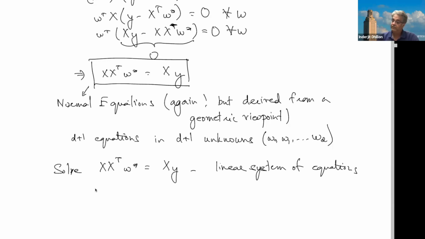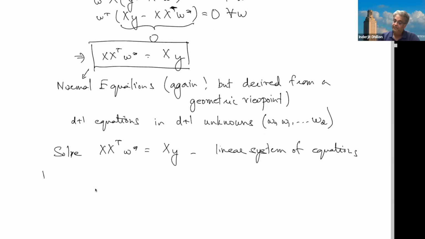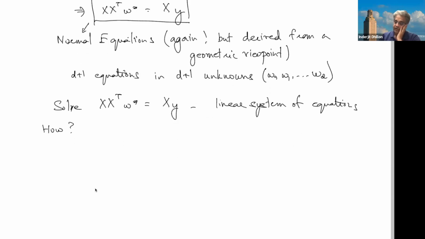So how do I solve this? Any volunteers? D plus 1 linear equations, XX transpose is a D plus 1 by D plus 1 matrix, and there are D plus 1 unknowns. I'm sure that all of you have looked at how to solve such linear systems of equations.